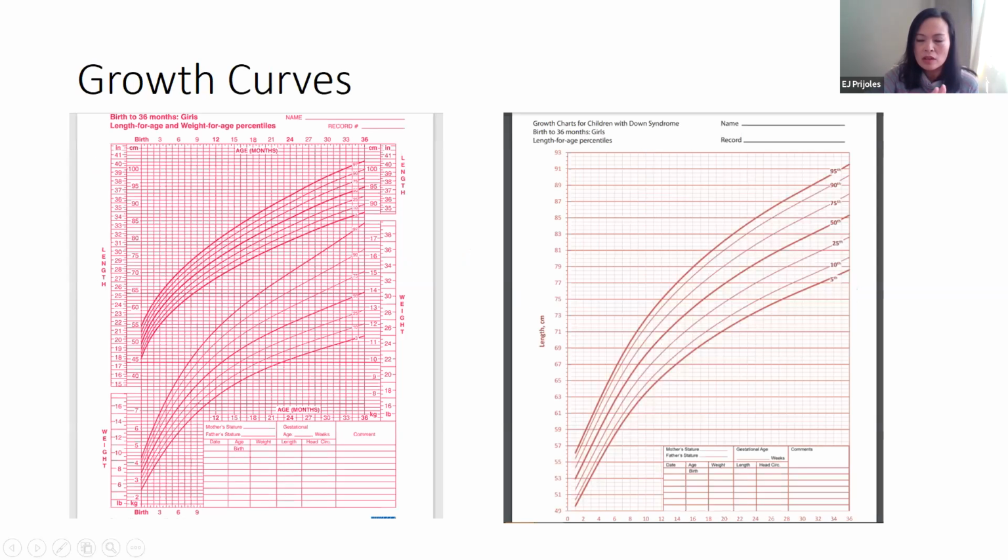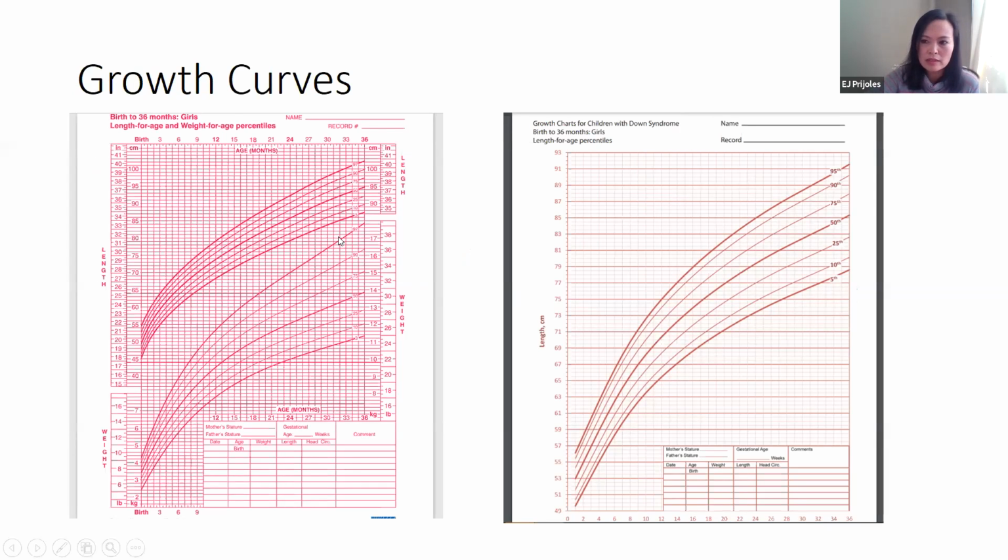All right. And so these should look pretty familiar. Typical growth curves for length and weight. And we know that there are those also for head circumference for typically growing children from birth to 3 years and as well as older.